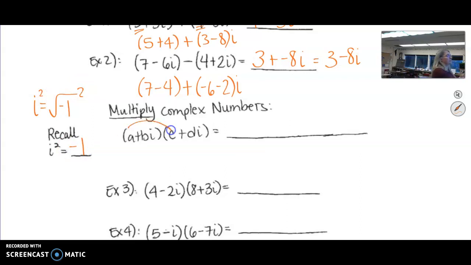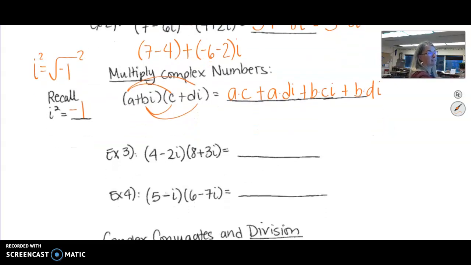You're going to multiply a times c, and then you're going to multiply a times di. Then the inside, we're going to multiply b times ci, and I'm putting the i at the end. Remember, we can use the commutative property with multiplication, so you can do that. And then plus b times di. Okay, that's the general form, how we do this.